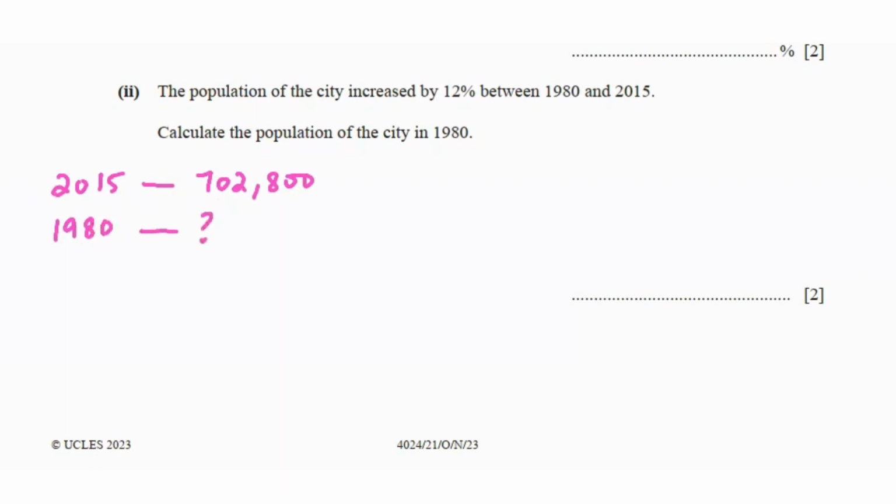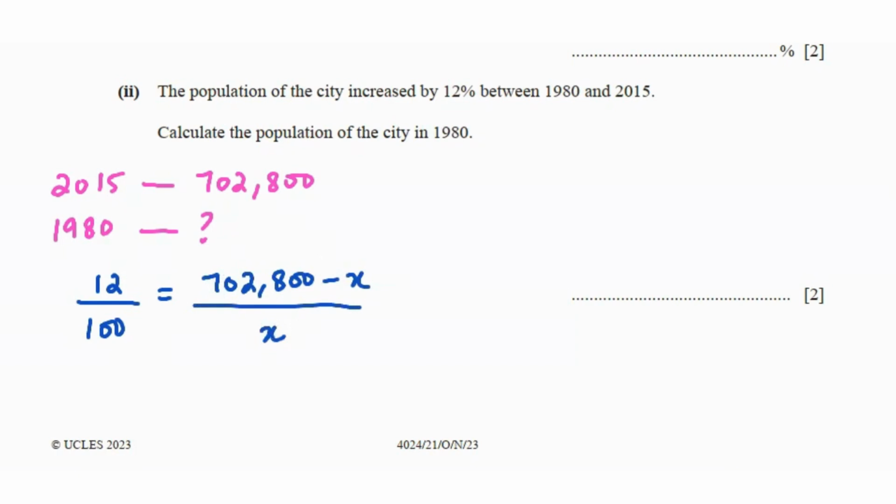So we're going to use the same equation. Your percentage increase, which is 12 over 100, is equal to the difference of your population between 2015 and 1980, divided by the population in 1980, which is x.